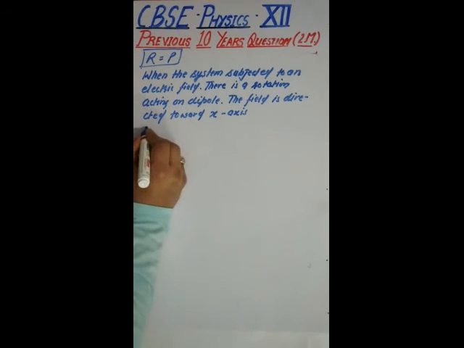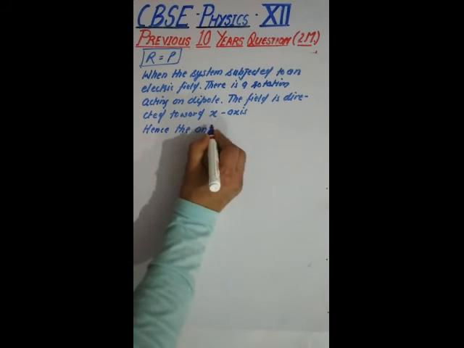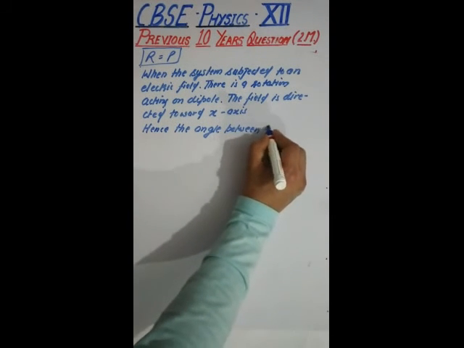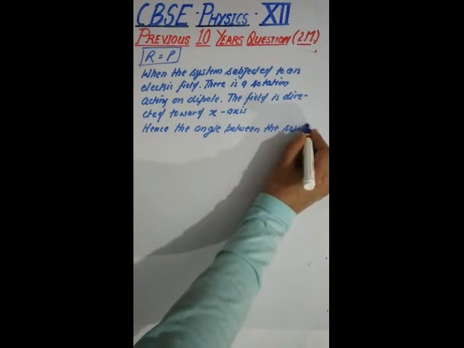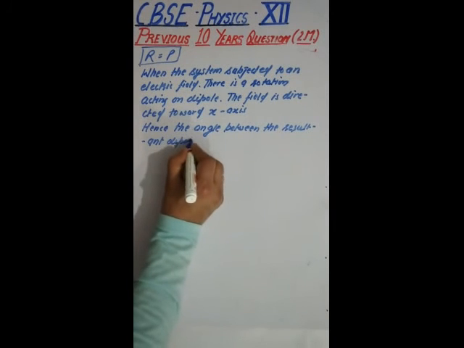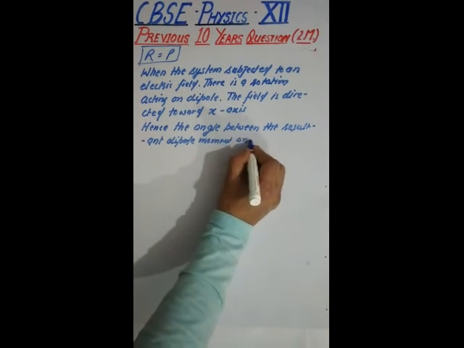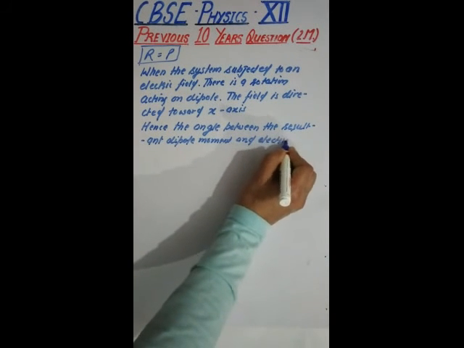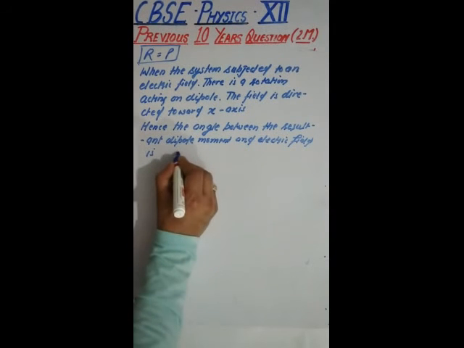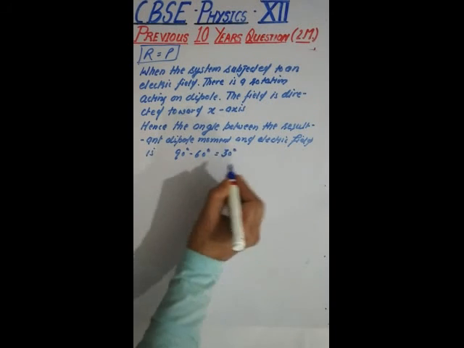Hence, the angle between the resultant dipole moment and the electric field is, if 90 degree is subtracted by 60 degree, it will become 30 degree of an angle.